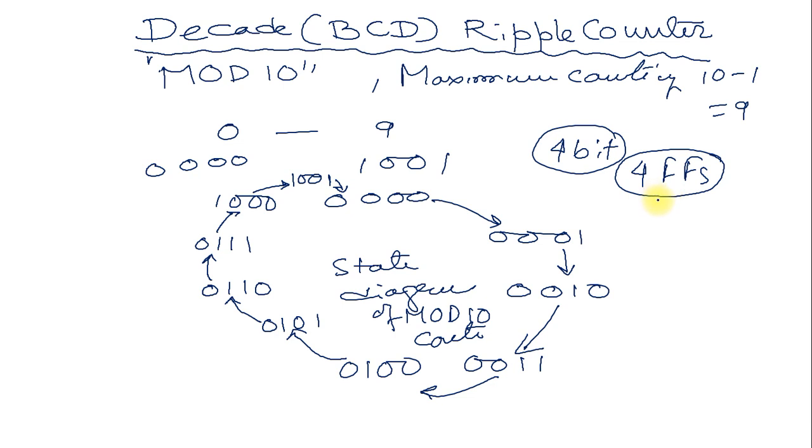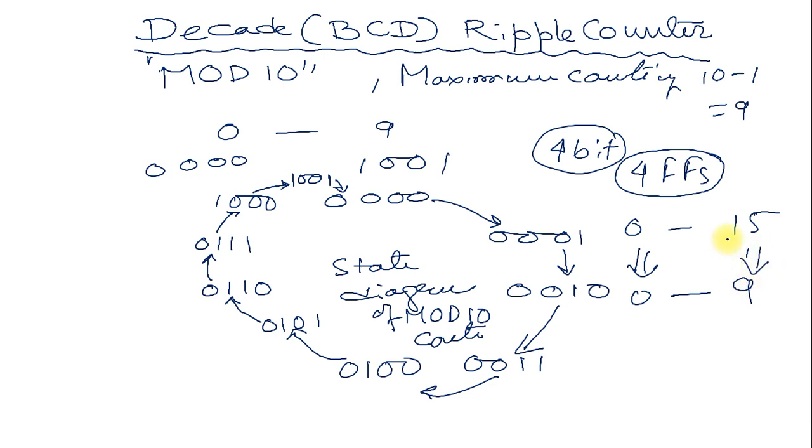So we are reducing the steps, that is 10, 11, 12, 13, 14, 15. Some of the steps we have removed from this counting sequence, and after 9 we initialize the counting to 0. Generally by using 4 flip flops we can count 0 to 15, but here we are counting 0 to 9.